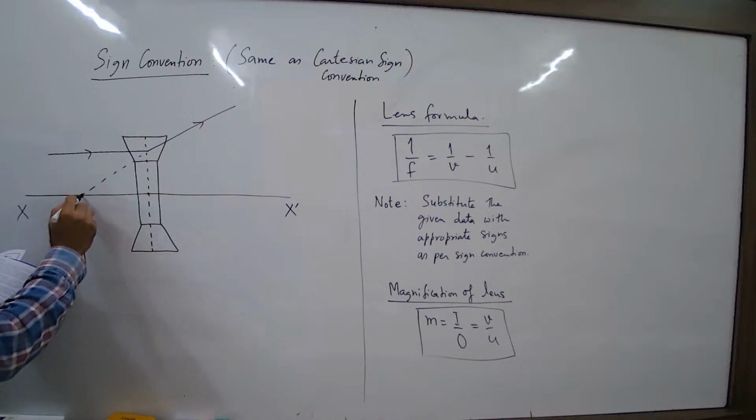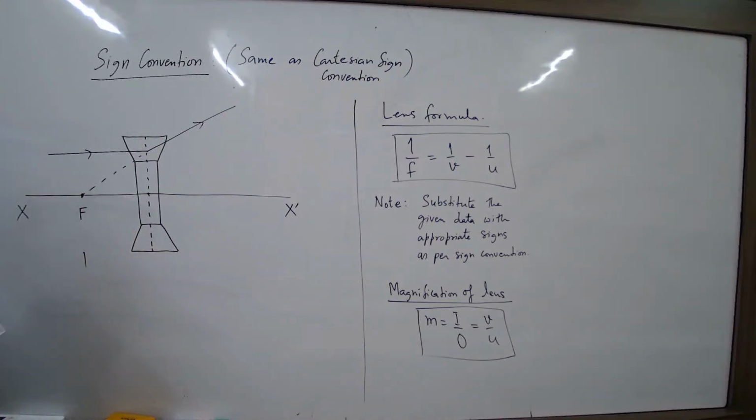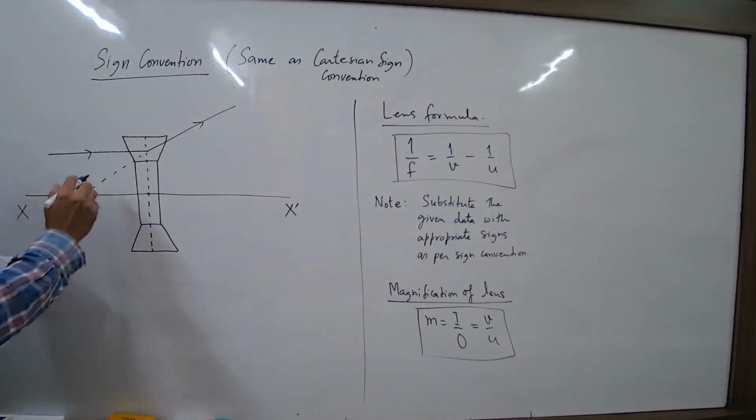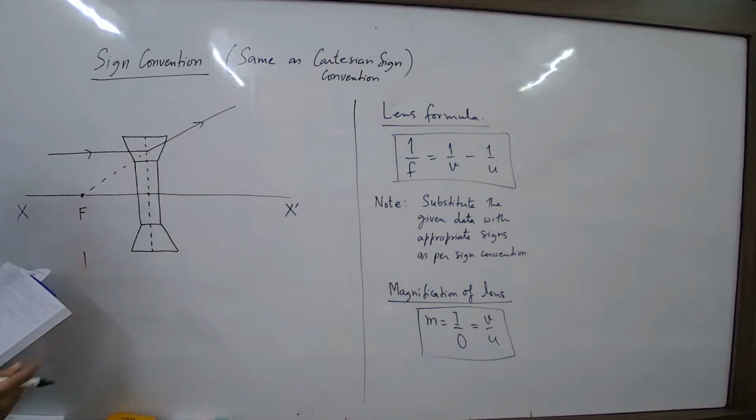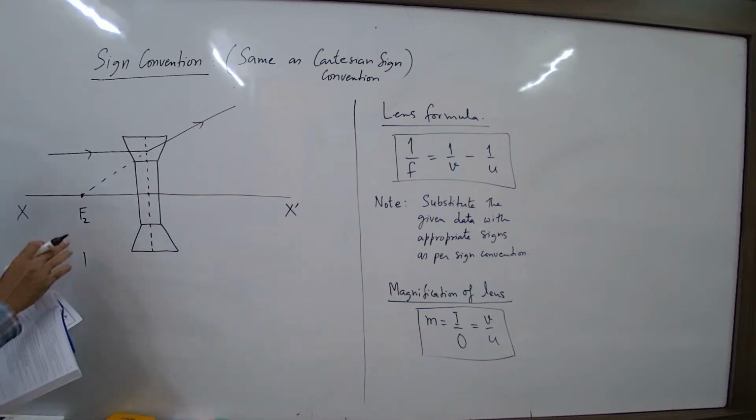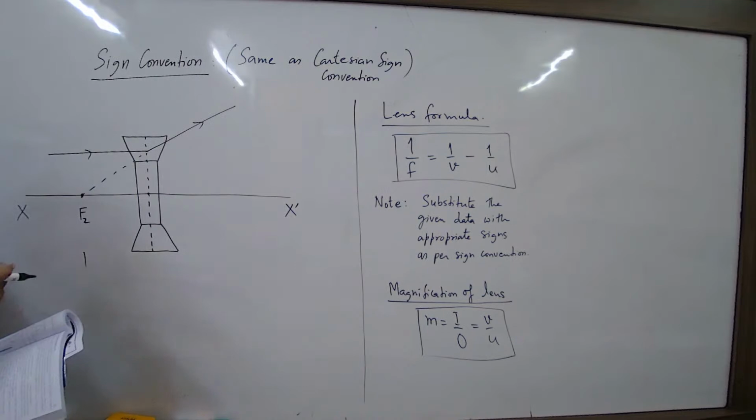So which focus will it be? First or second? Is it the first focus? Second focus. Yes. So it's all right. You should practice once or twice. It is the second focus.